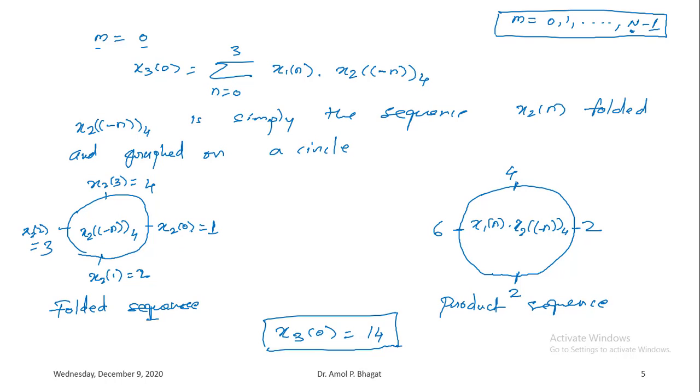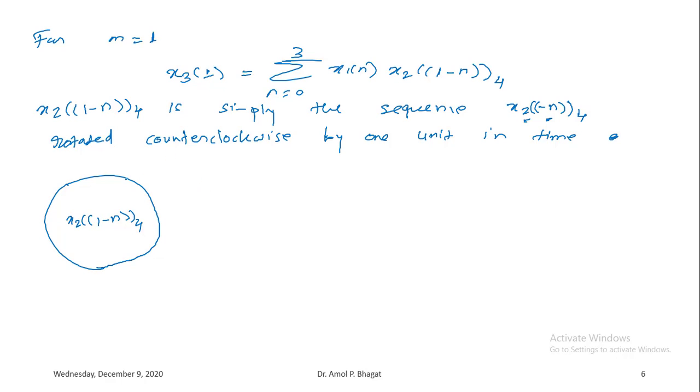So that means it will be rotated in the anti-clockwise direction. This x2 of 0 will be at this position, x2 of 3 at this position, x2 of 2 at this position, and x2 of 1 at this position. So we are simply rotating it by one sample in the counterclockwise direction.